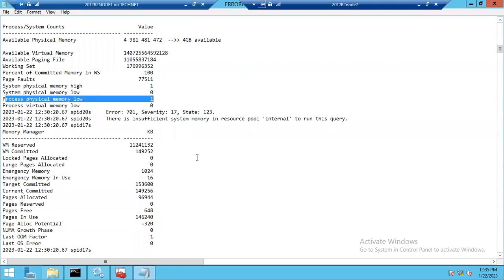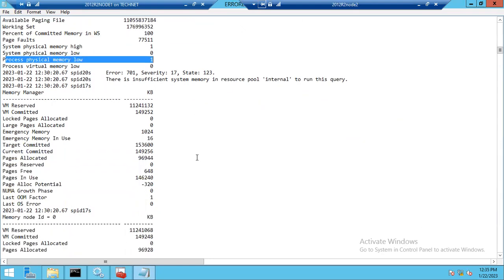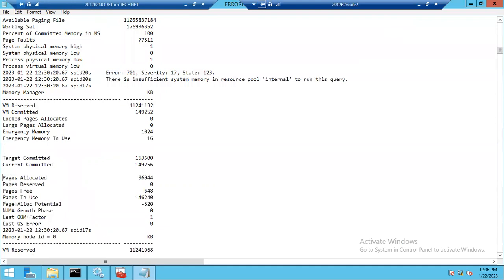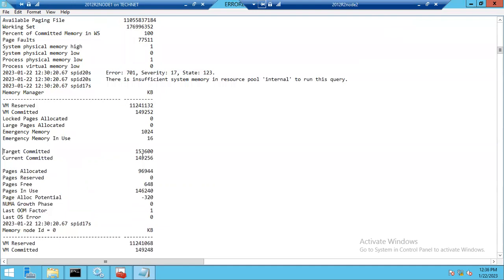Now, let's understand what the SQL memory is which is committed, right? So these two are the memory counters. I will explain in detail in another video how this is calculated and how to read the DBCC memory status output.